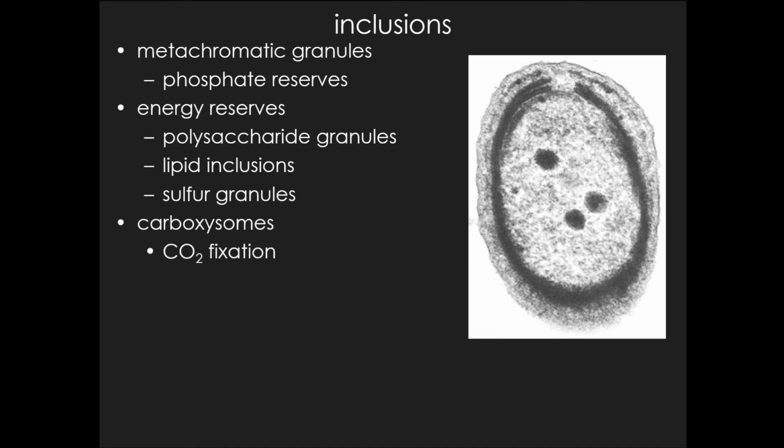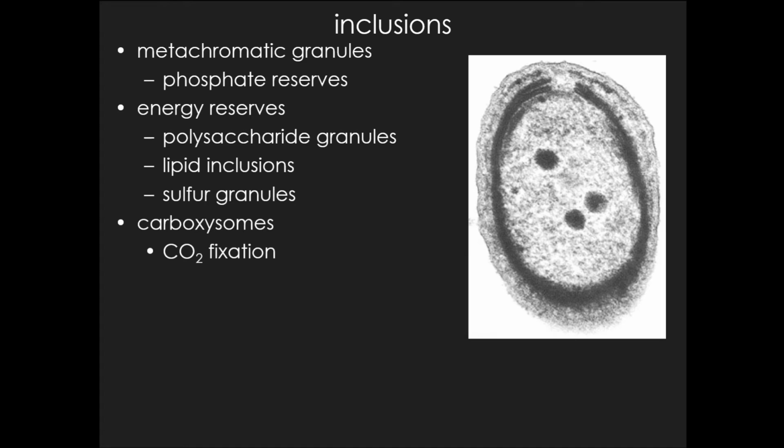Now, if you are a photosynthetic cell, you might compartmentalize the place where you perform parts of photosynthesis in something called a carboxysome, right? So carboxy for CO2 there. You can kind of think about this as the prokaryotic equivalent of a chloroplast, perhaps.